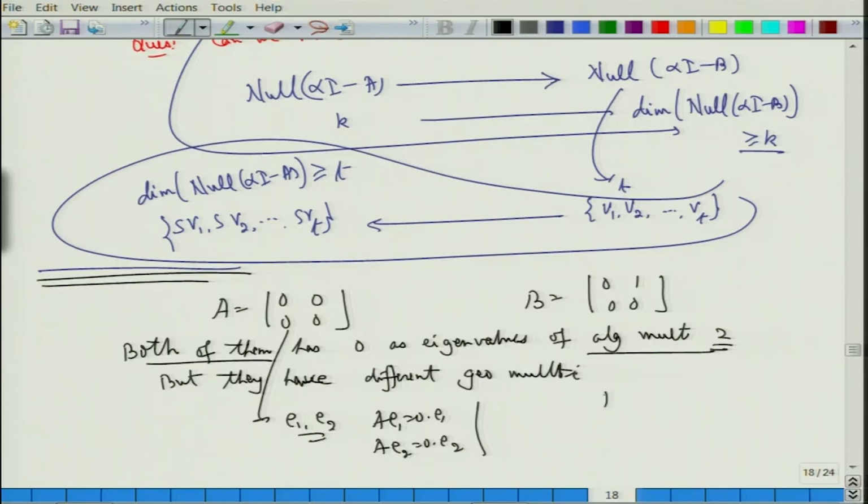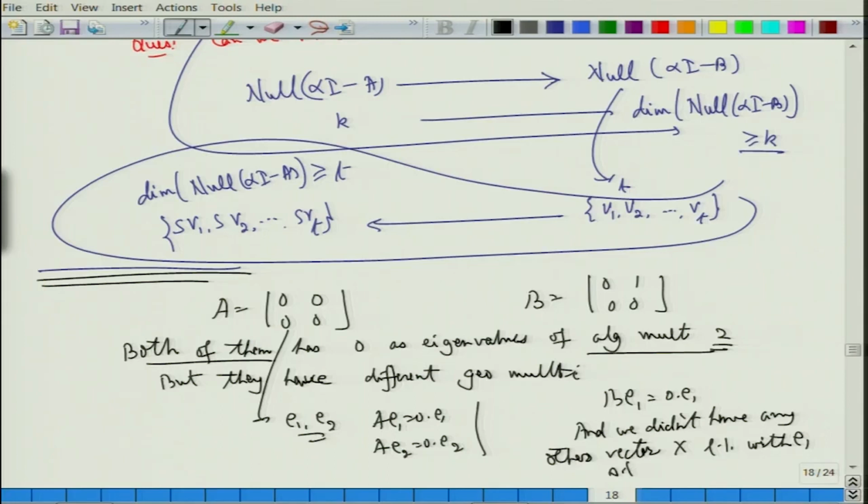But in this case, B times e1 was 0 times e1, and we didn't have any other vector x linearly independent with e1 such that Bx is equal to 0 times x. All right.